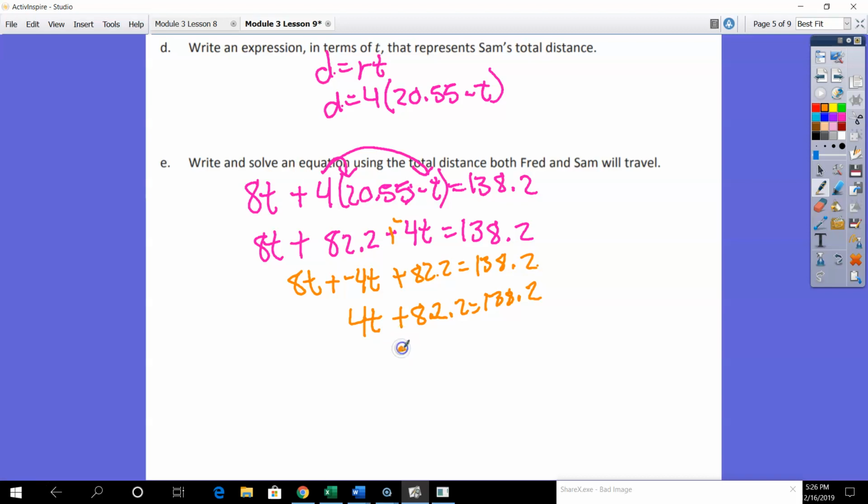So I can do the additive inverse, subtract 82.2, which leaves me with 4t is equal to 56. And then we're going to multiply by the reciprocal, so times a fourth on both sides.